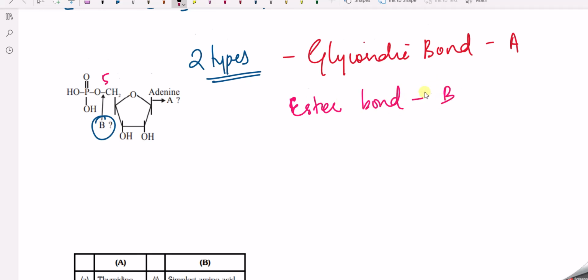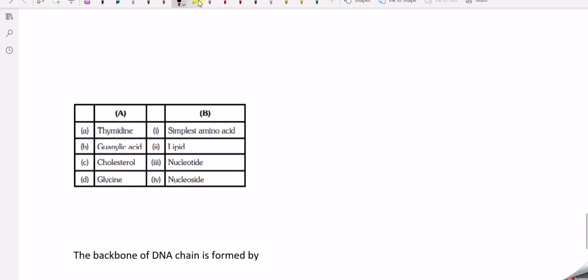Now next question. Please match. Thymidine is a nucleoside. Guanylate acid is a nucleotide.